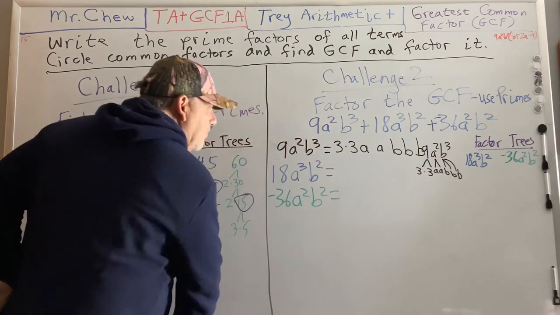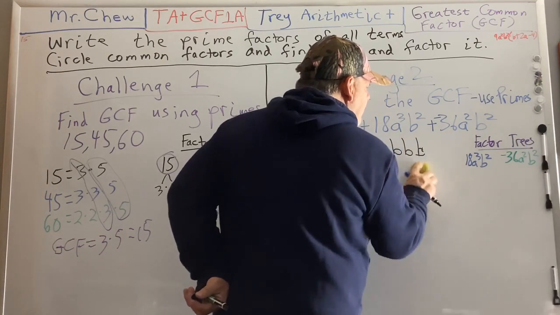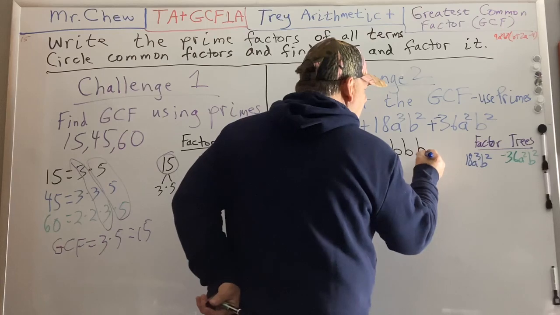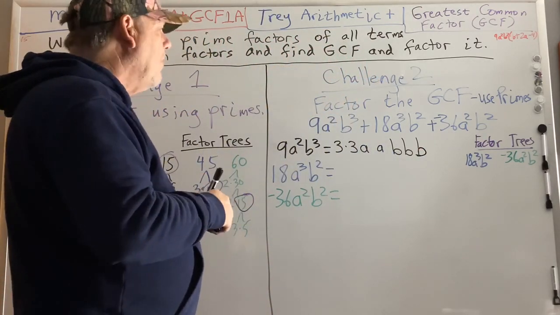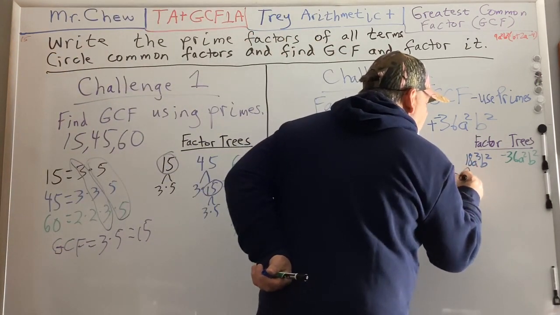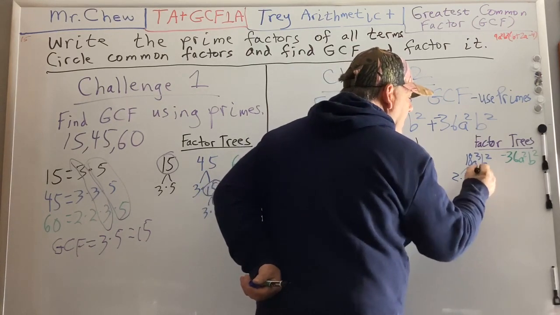And because that third B is going into my factor tree, I'm going to just erase this factor tree and get it out of here because I already have my factors, which is what I need. All right, now we go to our 18a cubed b squared. 18 is 2 times 9, and 9 is 3 times 3.